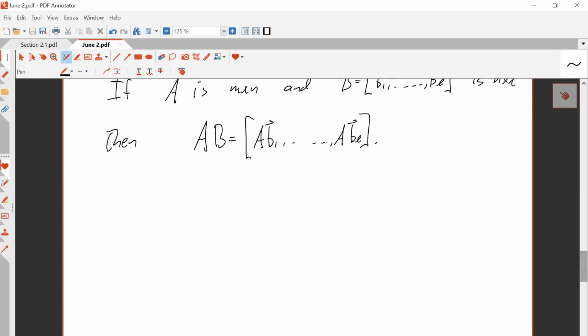So, some properties of matrix multiplication.